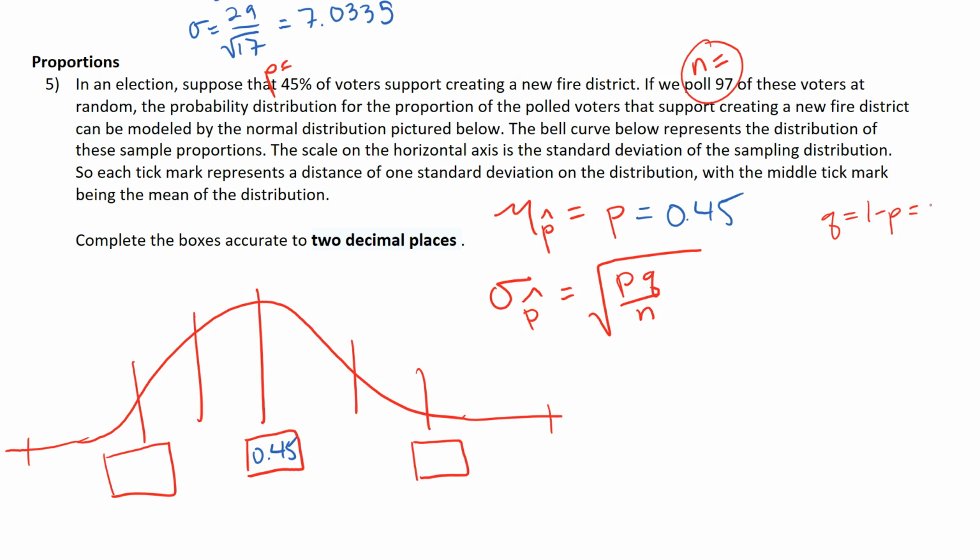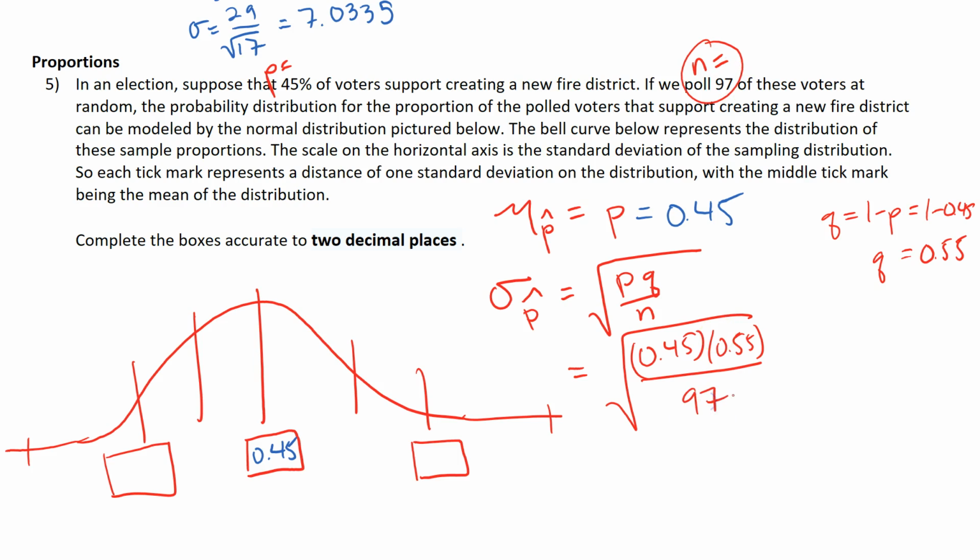There's a 45% chance someone supports it, which means there's a 1 minus 0.45 chance, or a 55% chance, that they don't support it. So that's our q. Filling in this formula is the square root of 0.45 times 0.55 divided by n, which is 97, since our sample size is 97.